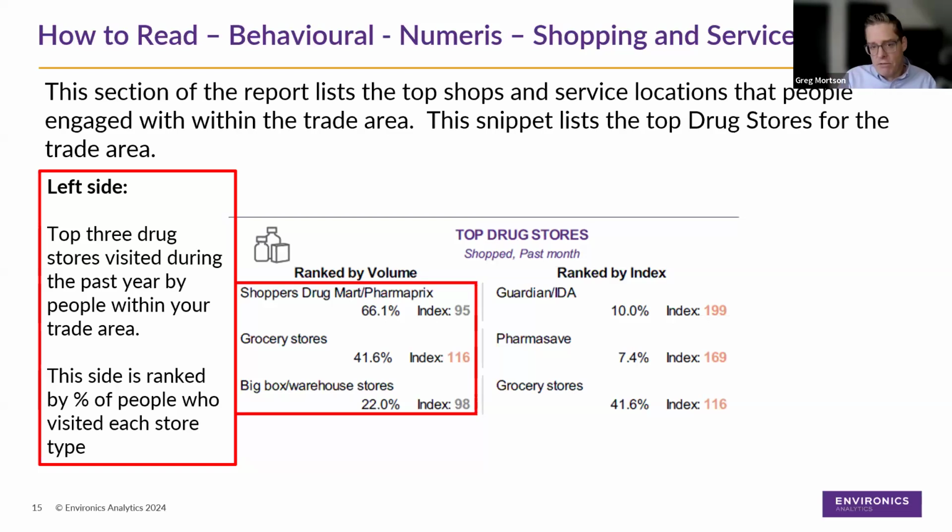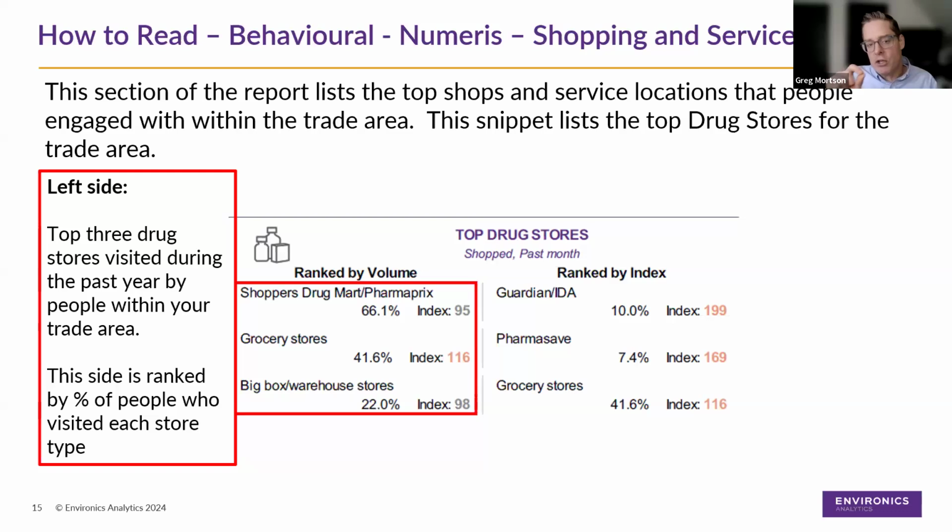We also have grocery stores. So in this case, we do know that when it comes to drugstore patronage, 41.6% would go to a big box drugstore, likely, that would have that pharmacy inside it. And then the grocery store would be food grocery stores, and then the bottom would be those big boxes, like, for example, a Costco or something like that, warehouse stores.